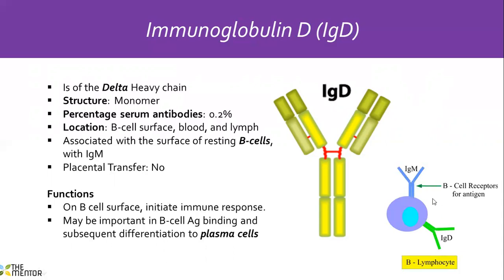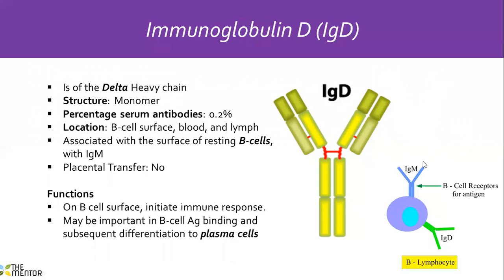These are the normal. Then later on we have class changes, and we have other productions once it is activated. It is not transferred via the placenta, and its function: it's normally found on the B cell surface, and it initiates immune responses. It may be important in B cell antibody binding and subsequent differentiation.